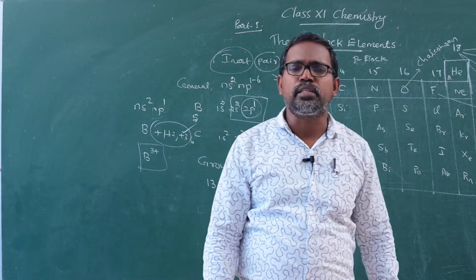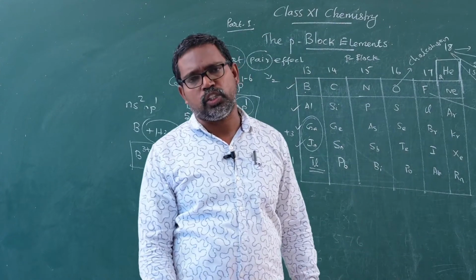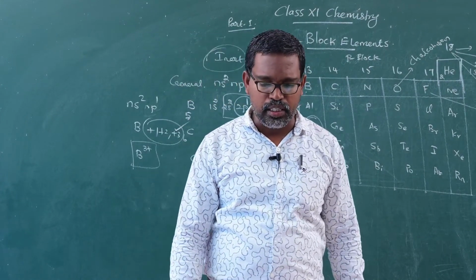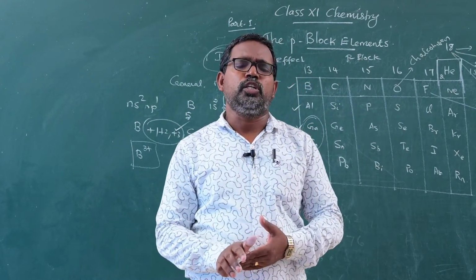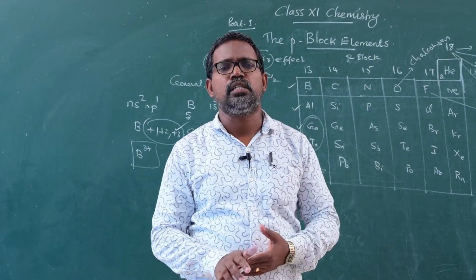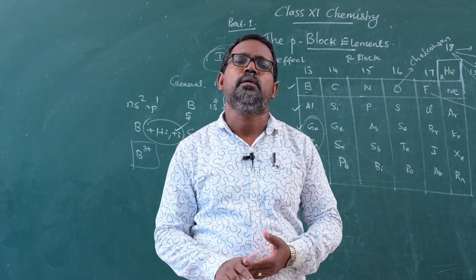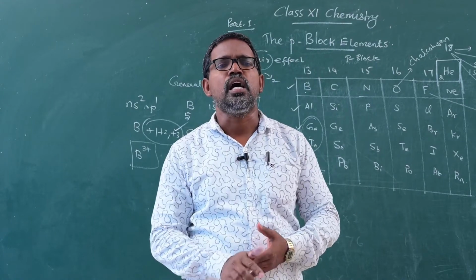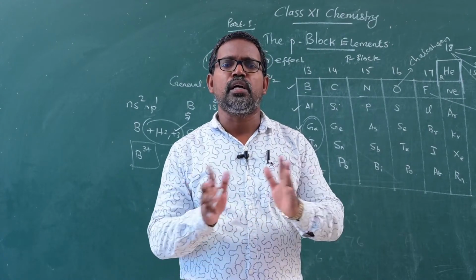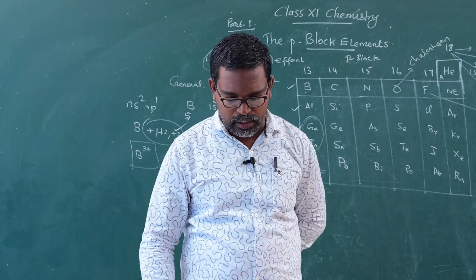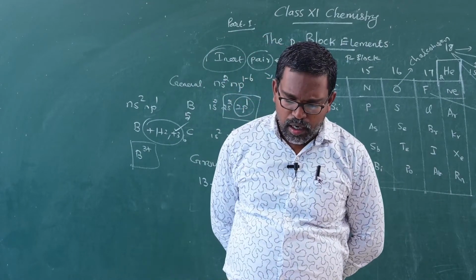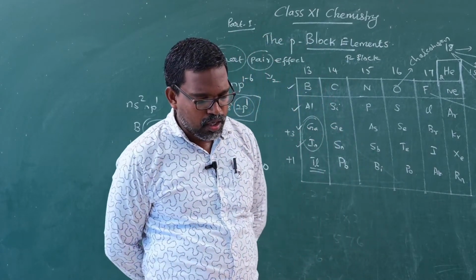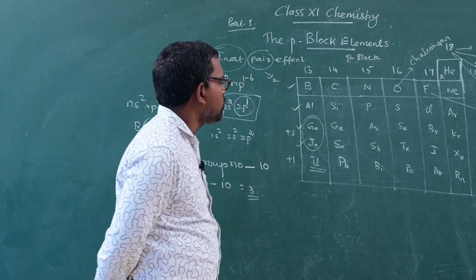The next is metallic and non-metallic character. Some p block elements show metallic character, some show non-metallic character, and some show both. The non-metallic character increases along the period and decreases down the group.